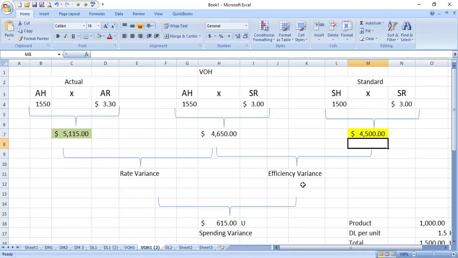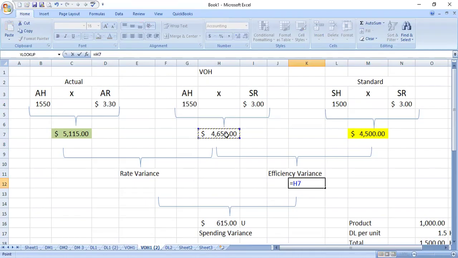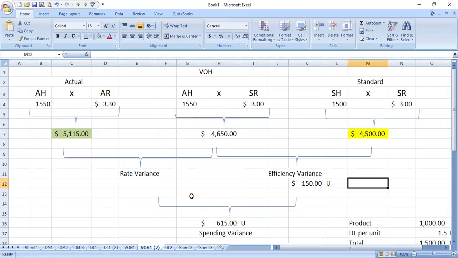So now we can start calculating variances. The first variance will obviously be unfavorable because we are overspending $150. That's coming from the 50 hours extra that we're spending times $3 per hour, $150. And the next one is the rate variance.